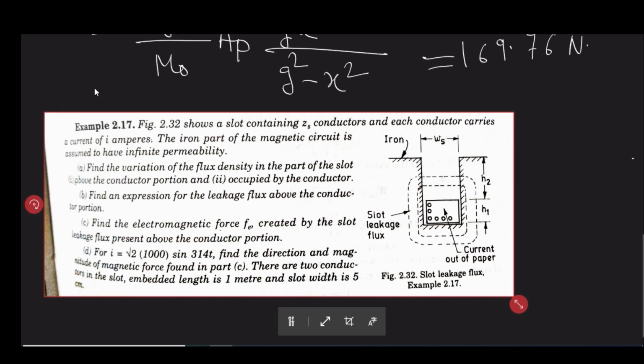We'll see that. Now let us see. Okay, let me just take it to another page.